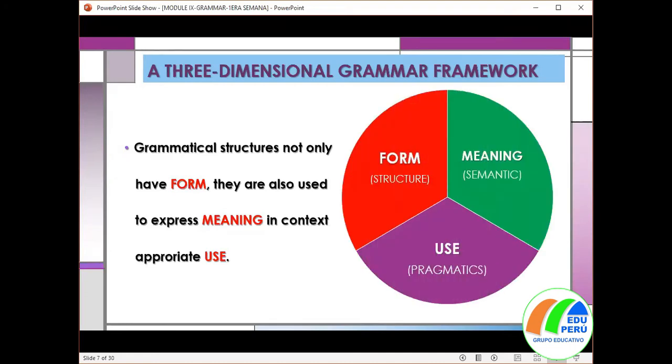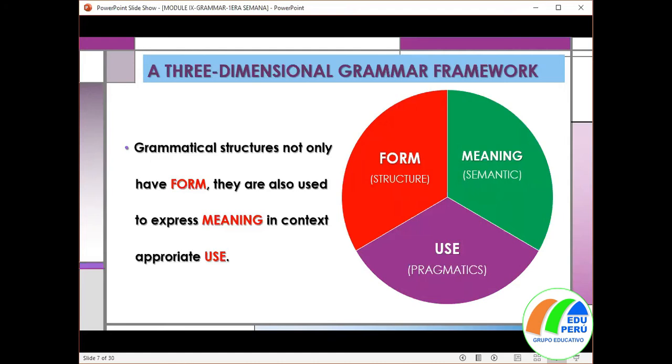The form, in simple words, is the structure, how you make this structure. How is it composed? The meaning is related to the semantic aspect, the message that you want to send. What do you want to express, orally or written?